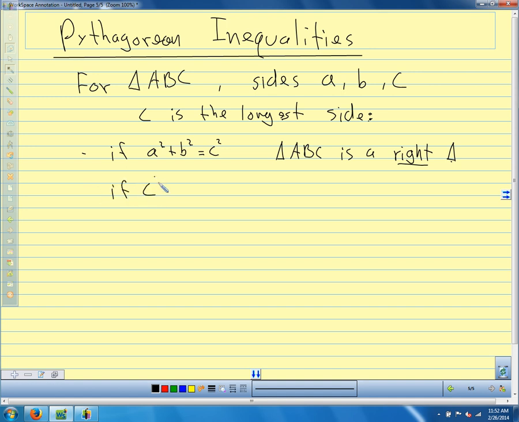If C squared is greater than A squared plus B squared, so C squared is bigger, then triangle ABC is an obtuse triangle.